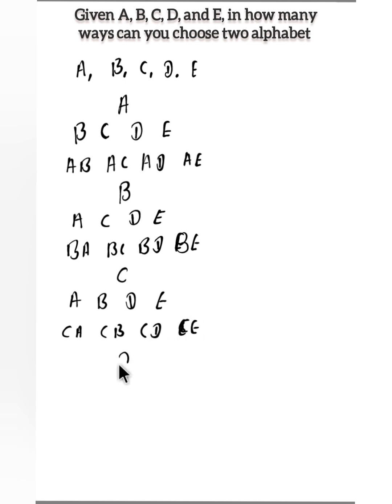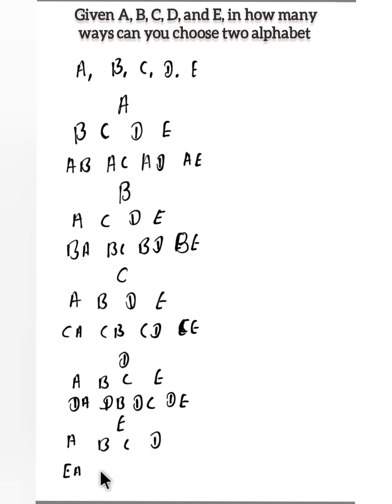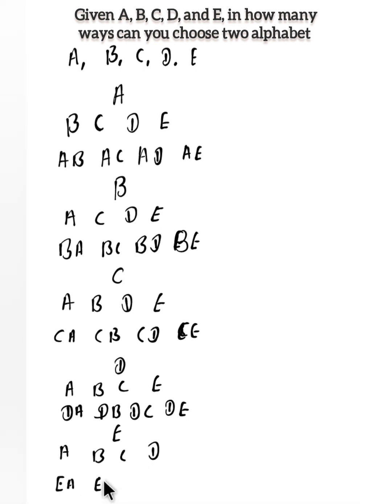If D is the first alphabet, D can pair with A, B, C, and E. It becomes DA, DB, DC, and DE. If E is the first alphabet, it can pair with A, B, C, and D. It becomes EA, EB, EC, and ED.